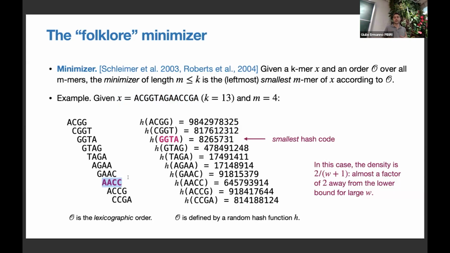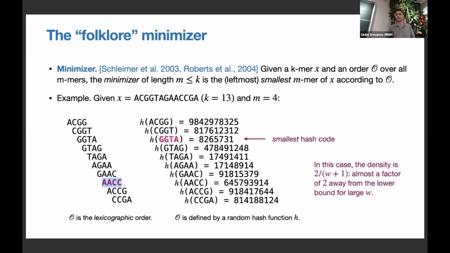Usually in practice, we do not really use the lexicographic order because this has some problems with repetitive regions in DNA. So we actually randomize these algorithms, and we use a pseudorandom hash function H, and we choose the hammer as minimizer that has the smallest hash code.